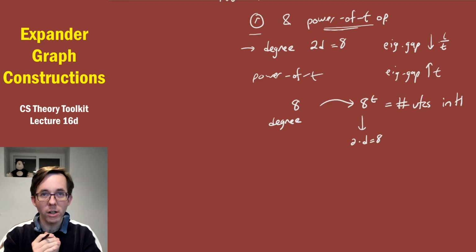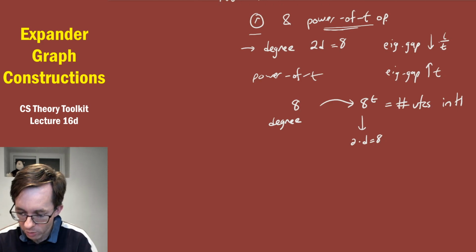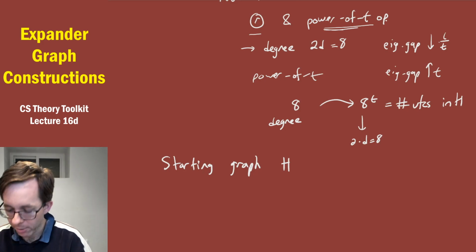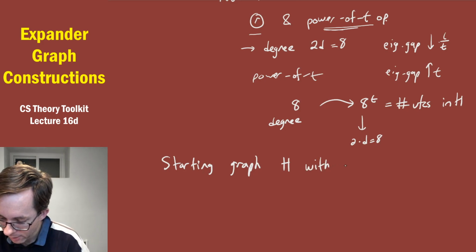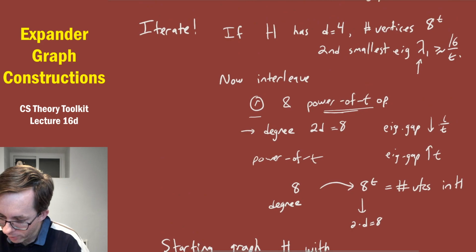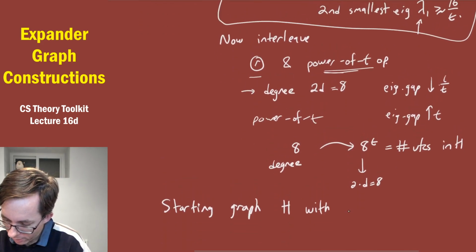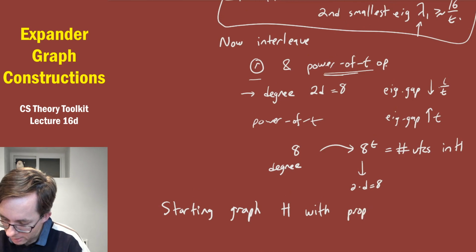Really all you need to make this work is a starting graph H which has the required properties for some t.